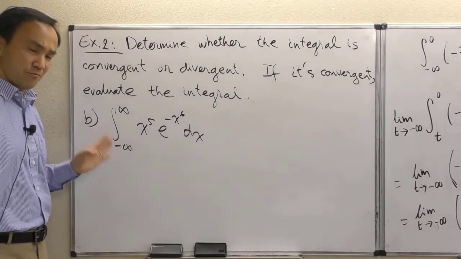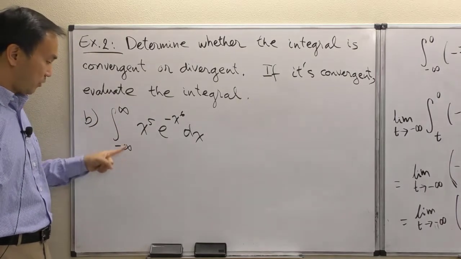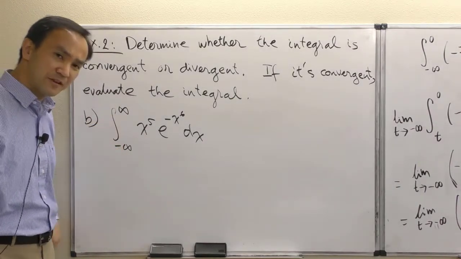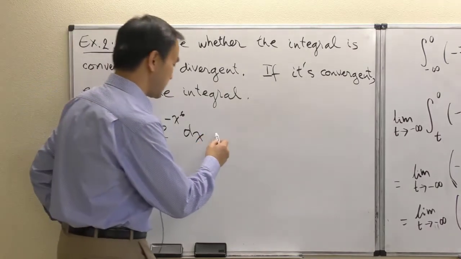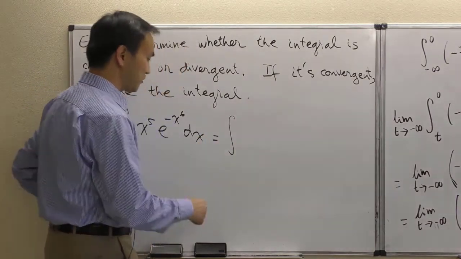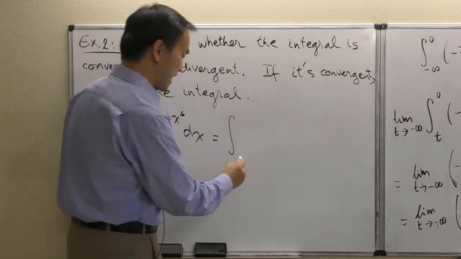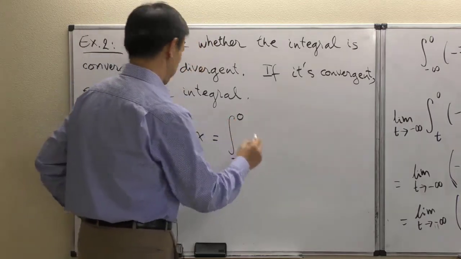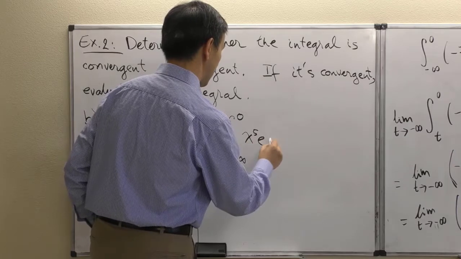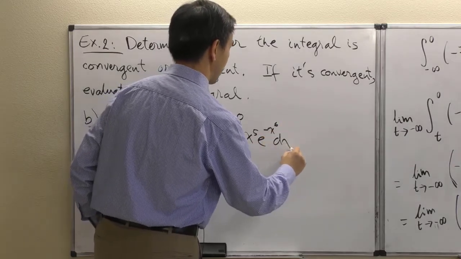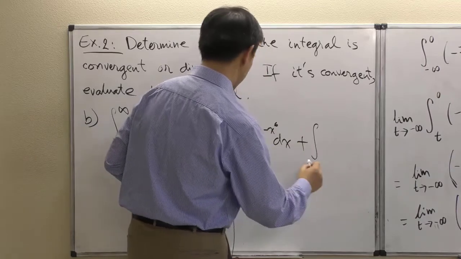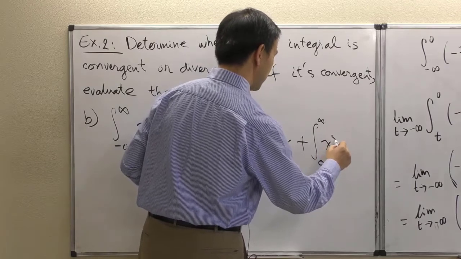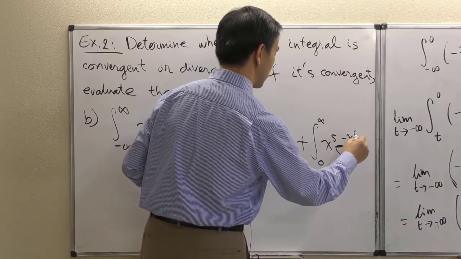With this overall interval being a complete infinite interval from minus infinity to positive infinity, just like many textbooks say, tentatively we want this to be the sum of the integral from minus infinity to 0 of x to the fifth e to the minus x to the sixth, plus the integral from 0 to infinity of x to the fifth e to the minus x to the sixth dx.